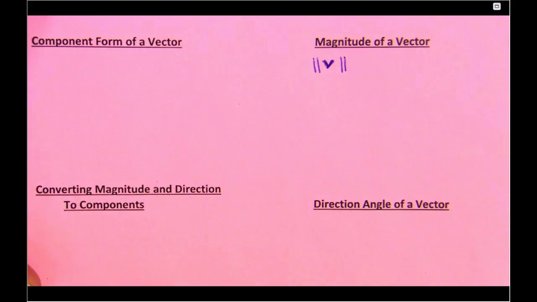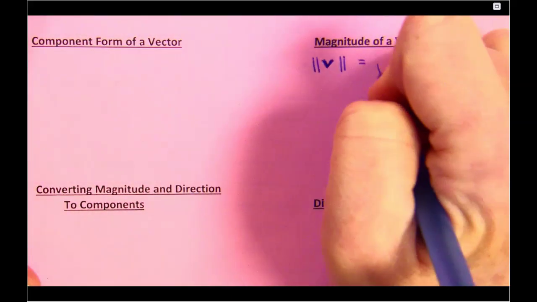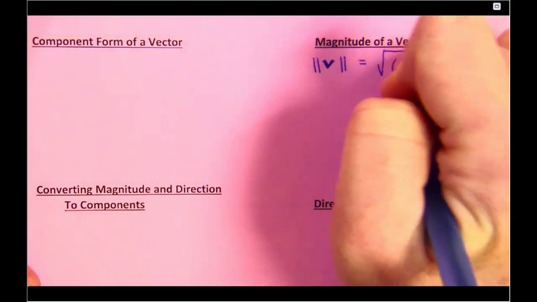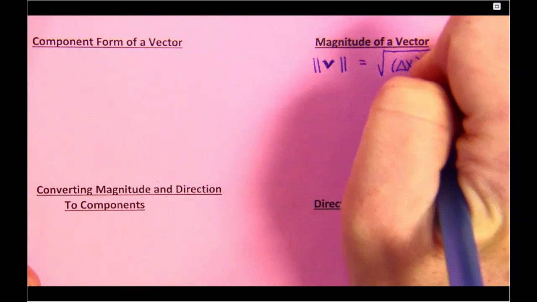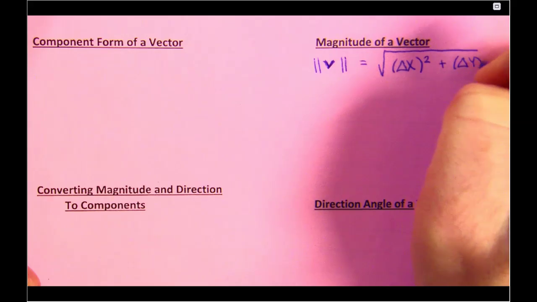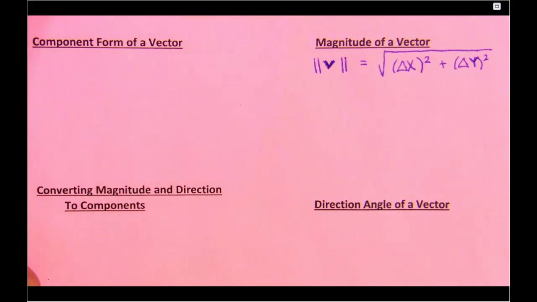Magnitude of a vector is the square root of delta x squared plus delta y squared. And we'll talk about what those are. So if you're like, I don't remember those, it's okay. I'll tell you what they are.